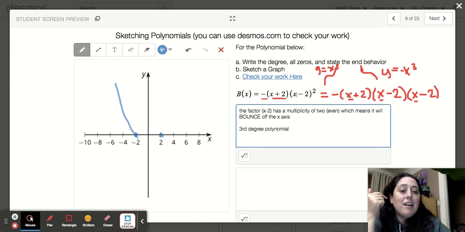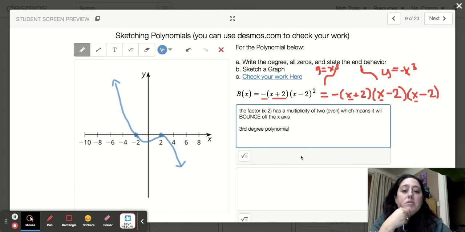And then here at +2, where my 0 is +2, I've got an even numbered multiplicity. It repeats twice. So that means I'm going to go here, I'm going to bounce and go the other direction. Okay. All right, so it's a third degree polynomial, and that's your sketch.